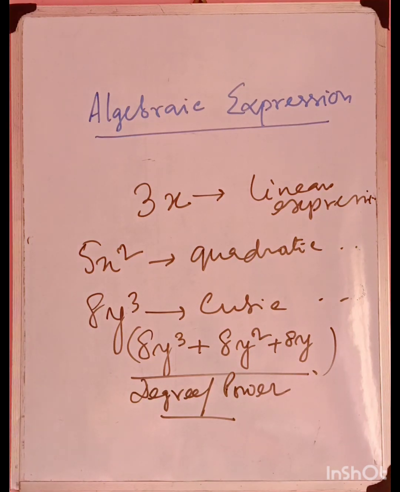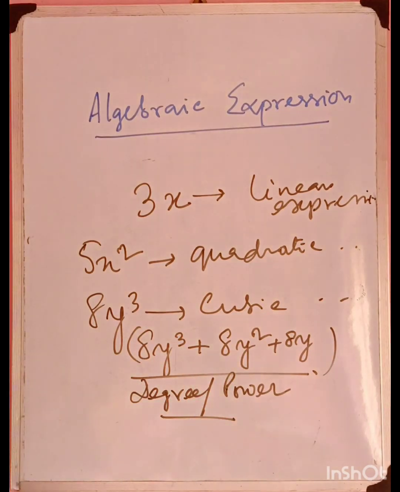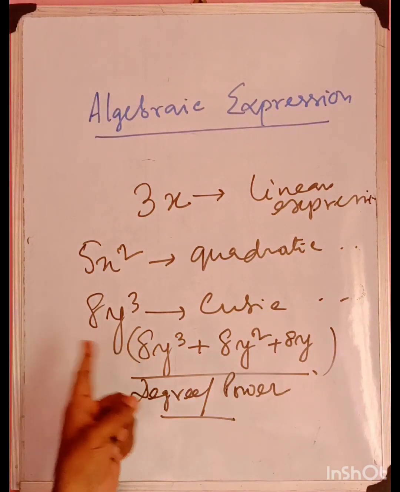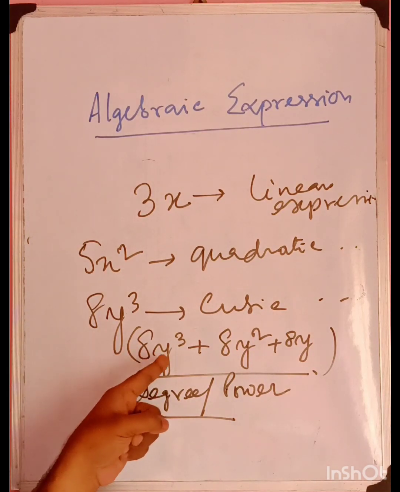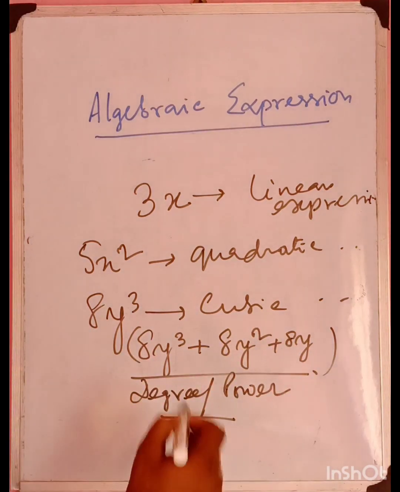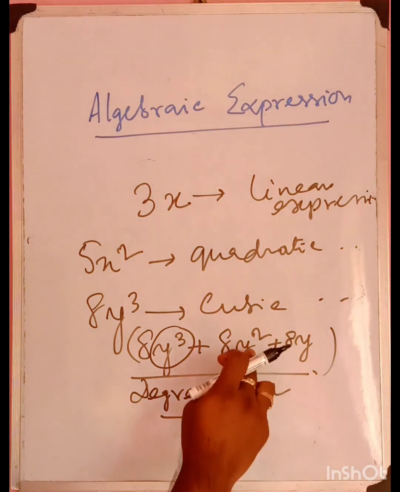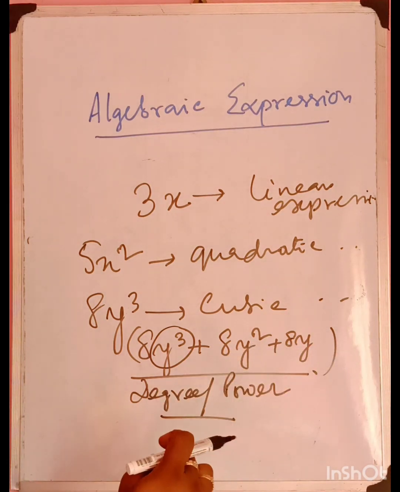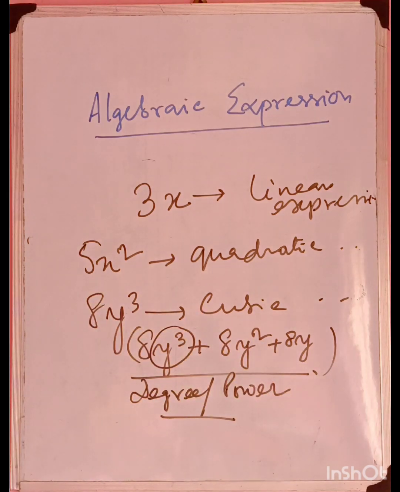Anybody? You must focus on the highest power, and the power of the highest degree is the degree of the expression. Here y cube is the highest power, more than y square or y. So this is a cubic expression.